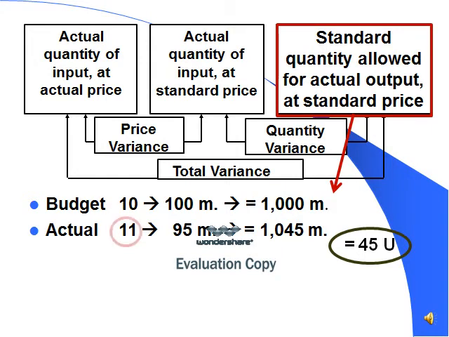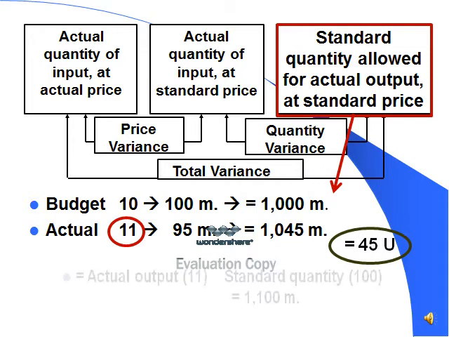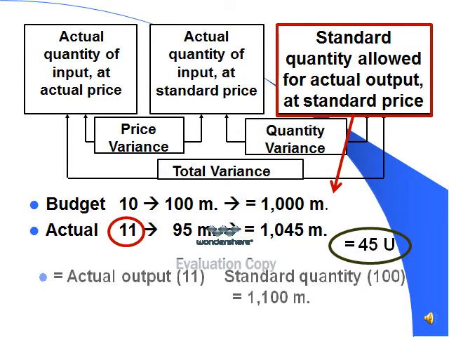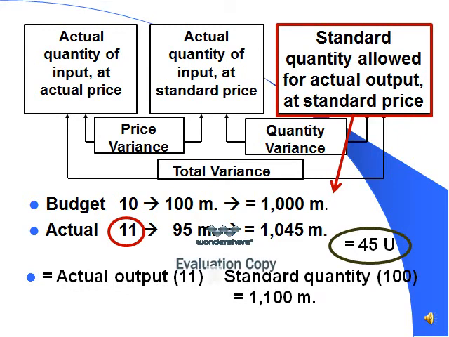Look at the details. The company here produced 11 units instead of 10 units and used the material 95 instead of 100 millimeter. That means it produced more than the budget and used less material than the budget. How come its final result is unfavorable? So instead of the budget, I use the standard quantity allowed for actual output.